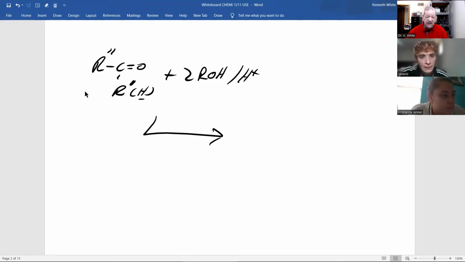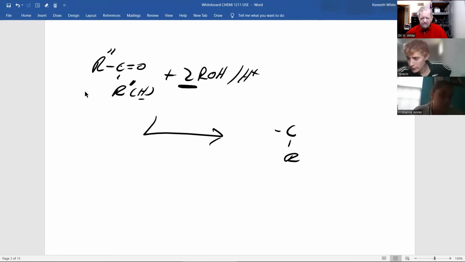When it's carbon, it's a ketone. And now, when we react not one, but two molecules or moles of alcohol with an acid, keep your eye on the carbonyl carbon. What's attached to it stays attached to it.